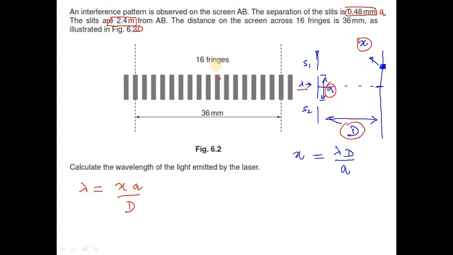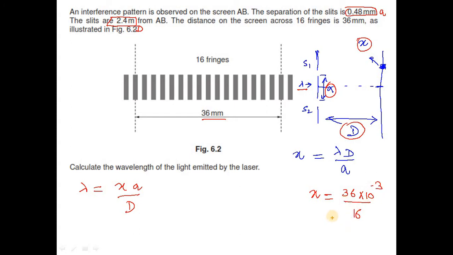We have 16 fringes and distance 36 millimeter. That means x would be equal to 36 times 10 to the power minus 3 divided by 16.